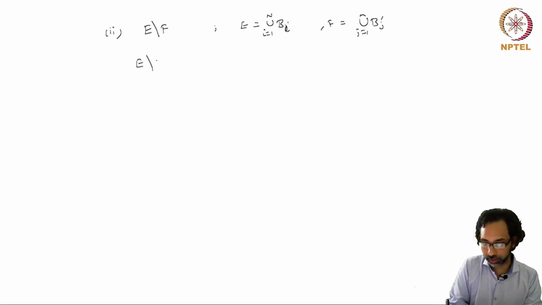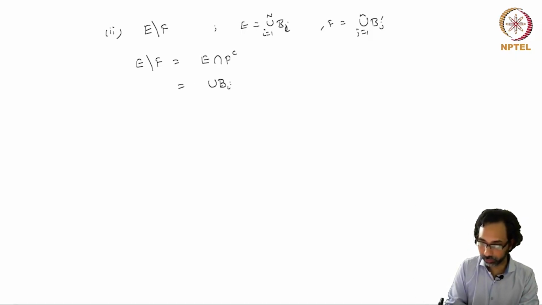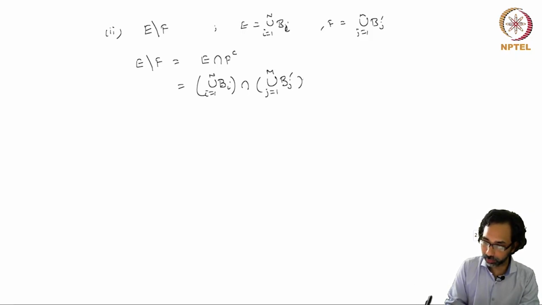Then the set minus is simply E intersection F complement. So you can write it as follows. The first one is simply the union of Bi's intersection with the union of j equal to 1 to m Bj prime complement.